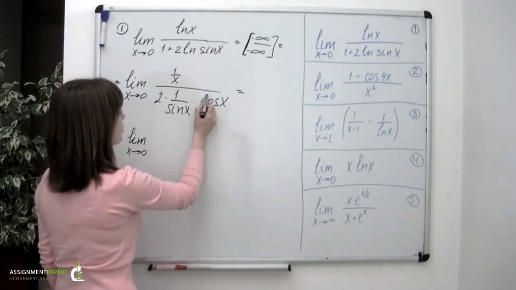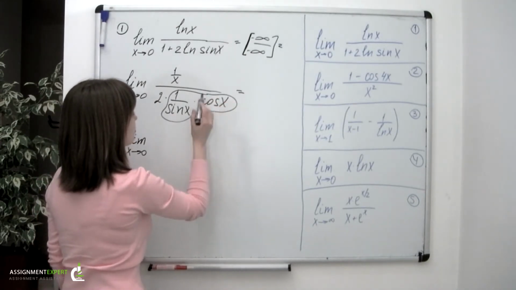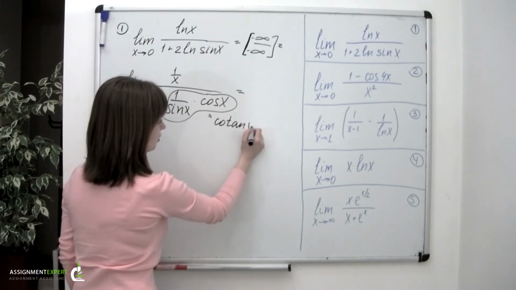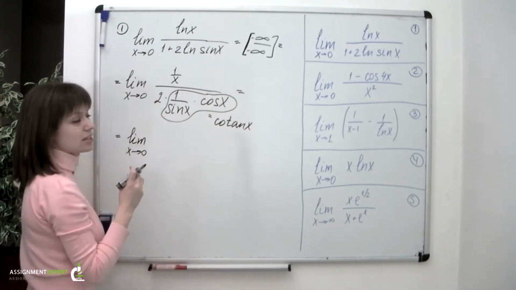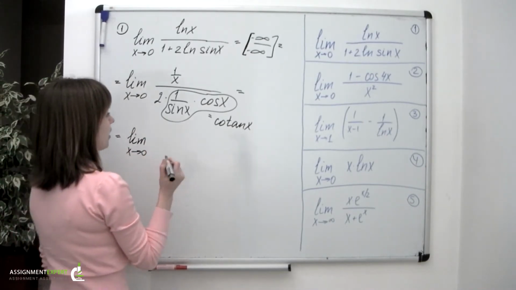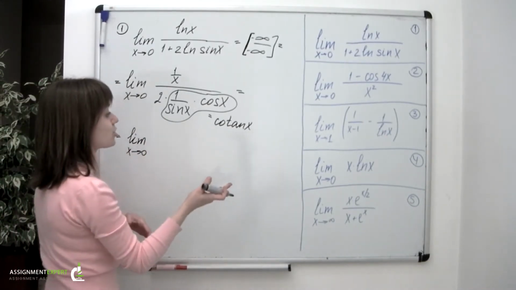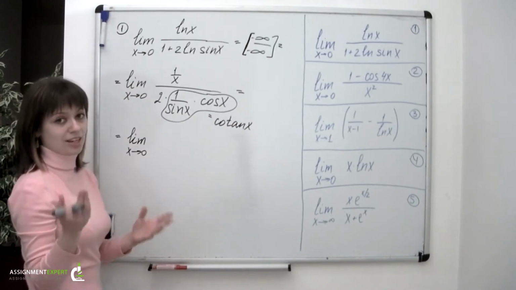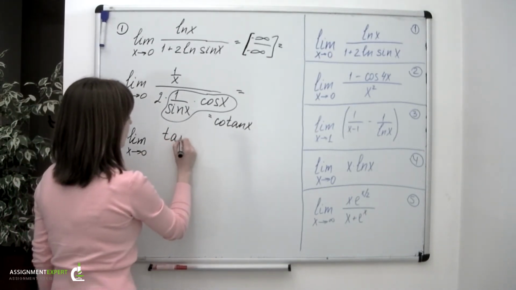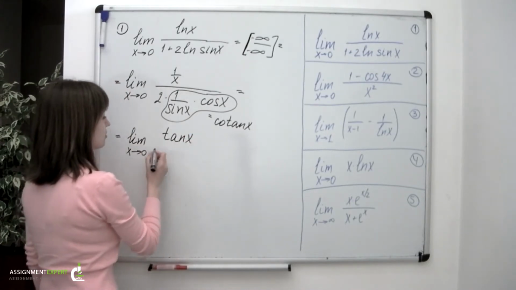Like this, limit as x approaches 0 of, we obtain cotangent right here. Because as we know, cotangent can be written as cosine of x over sine of x. And if we divide 1 by the cotangent, we would obtain tangent. So this leaves us with a tangent of x in the numerator.